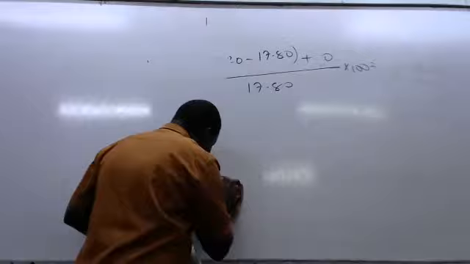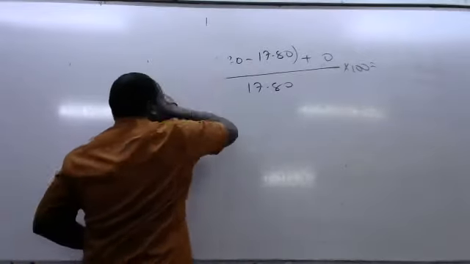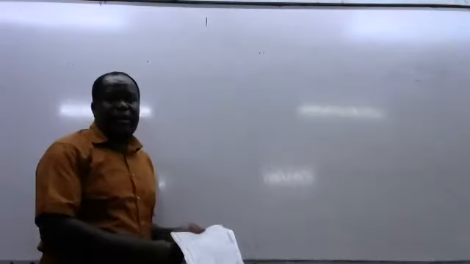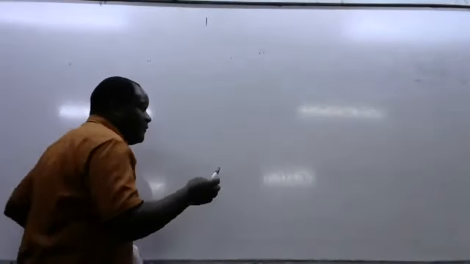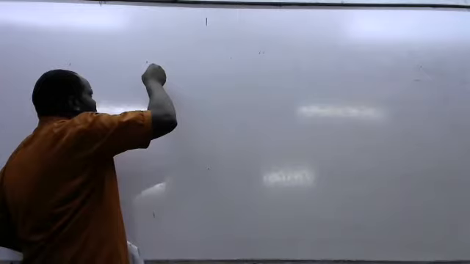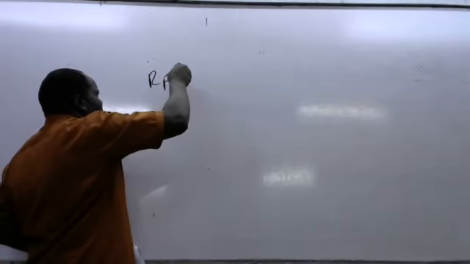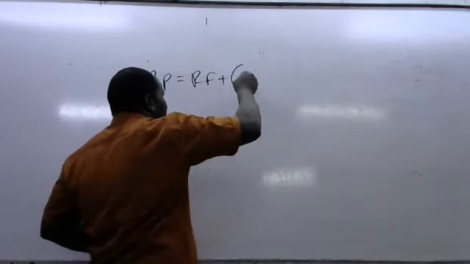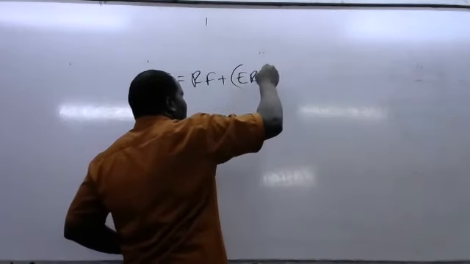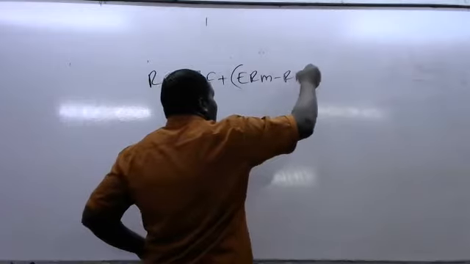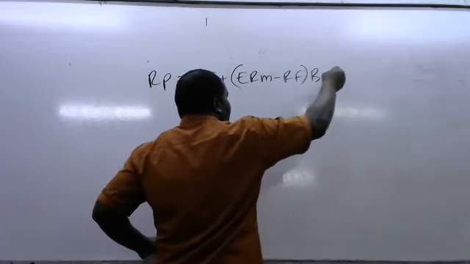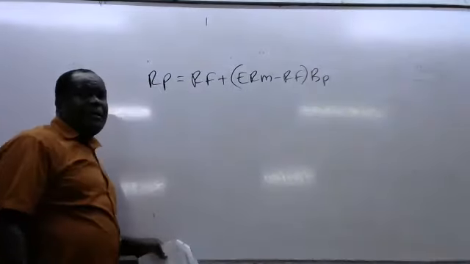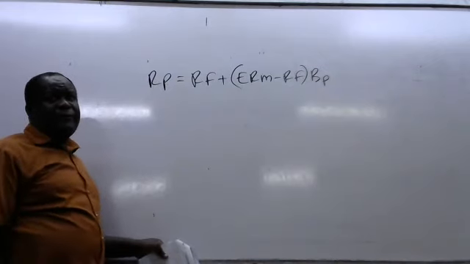So to compute now the return of the portfolio: the return of the portfolio is given by the risk-free rate, then we add the expected return of the market minus the risk-free rate, then we multiply by the beta of the portfolio.